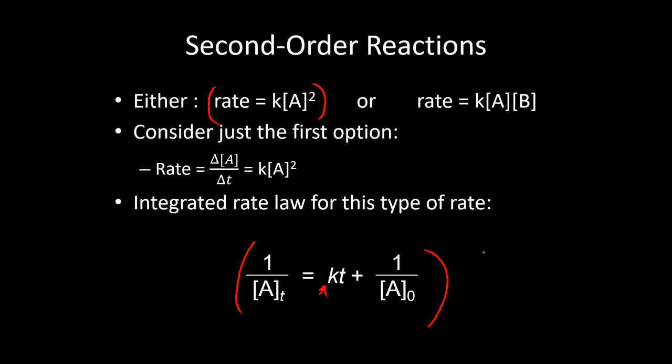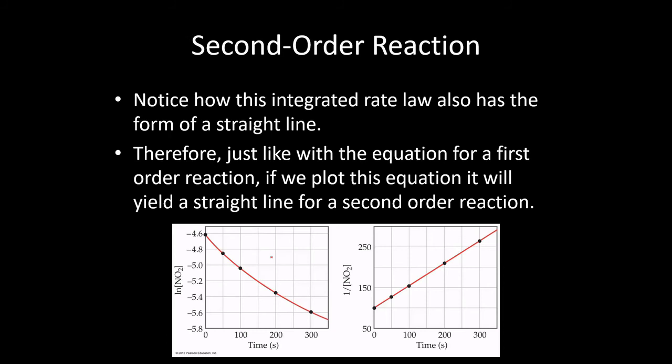So the main effect that's going to have is, when you plot first order reactions and they're linear, you get lines with negative slopes, and second order give you positive slopes. That's really the main difference there. So this likewise is a very, very useful equation. It allows us to get a lot of information if we know enough about the reaction. And just like with the first order, we can plot that equation.